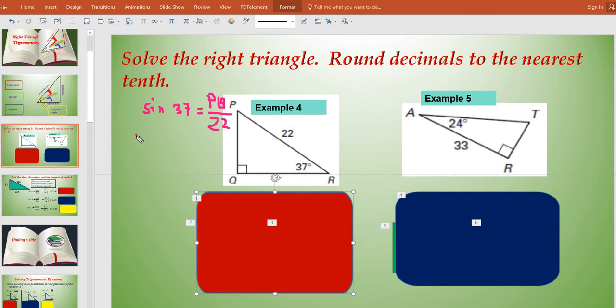Cross multiplication, we get the length of BQ. BQ equals 22 sine 37. Let's use the calculator.